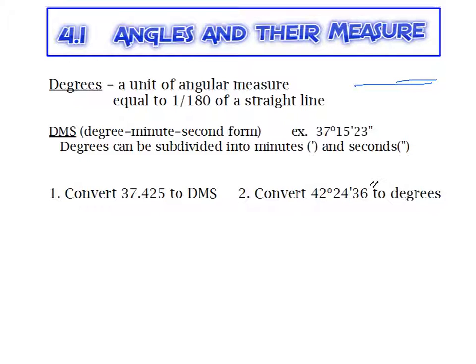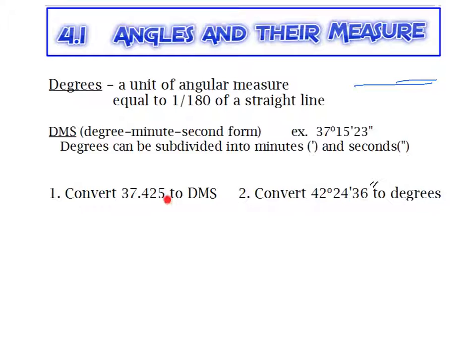We have 37.425 degrees. This tells me that it's a little bit less than another half degree. It's 37 and almost a half, but not quite. If you think of a clock, half an hour would be 30 minutes, so this is going to be a little bit less than 30 minutes.